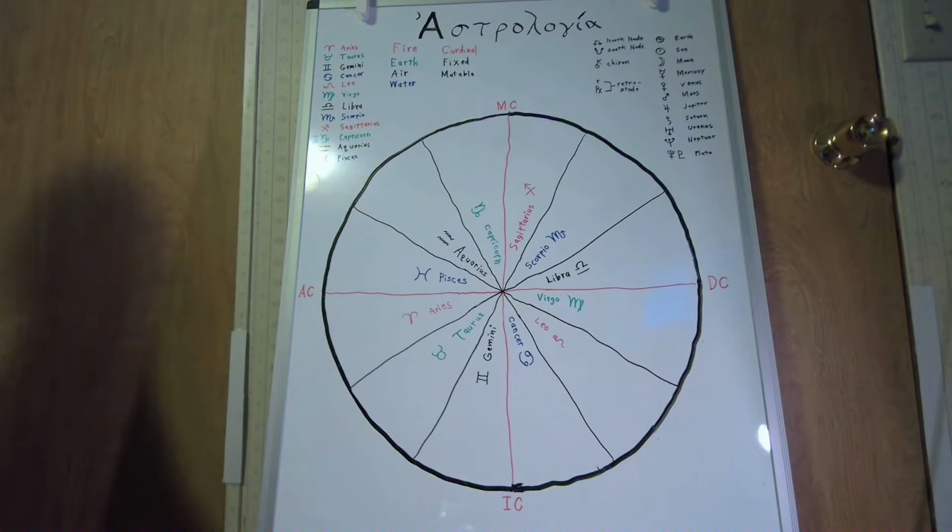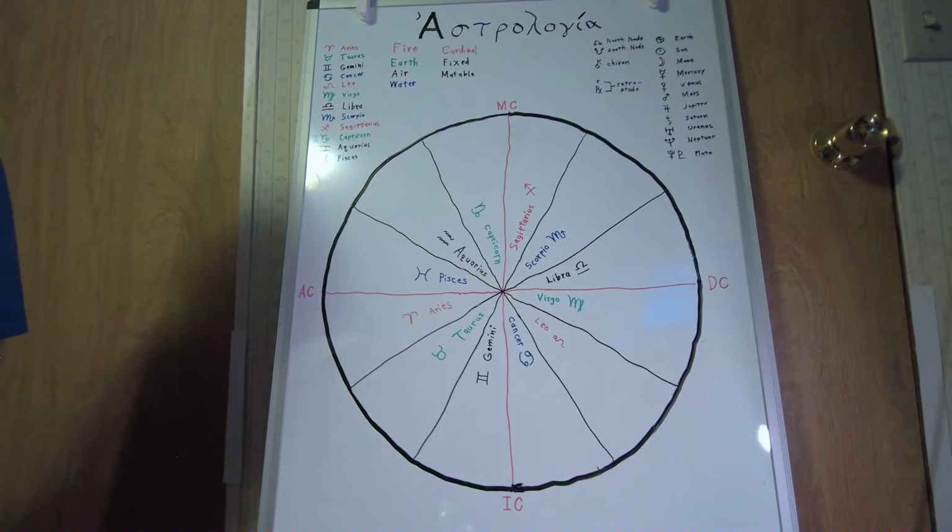So, fire signs, or the fire element. It is enthusiastic and spontaneous. The earth element, practical and realistic. The air element, communicative and intellectual. The water element, emotional and intuitive.